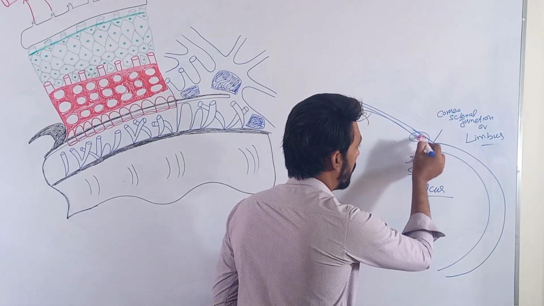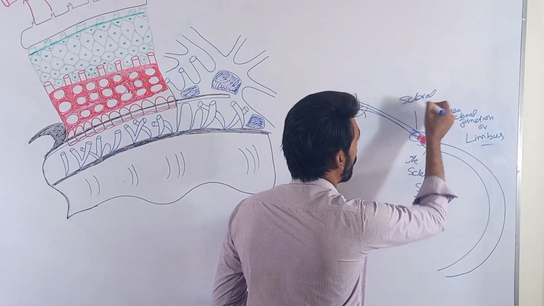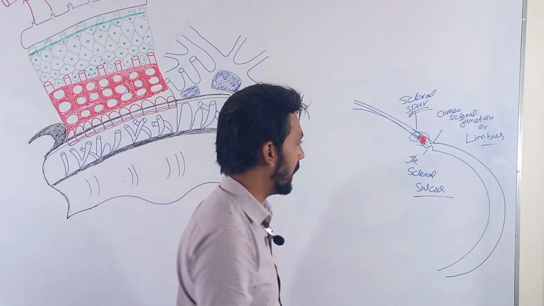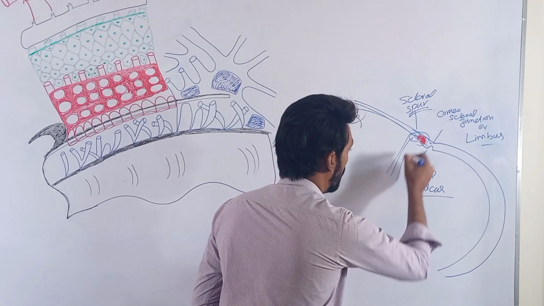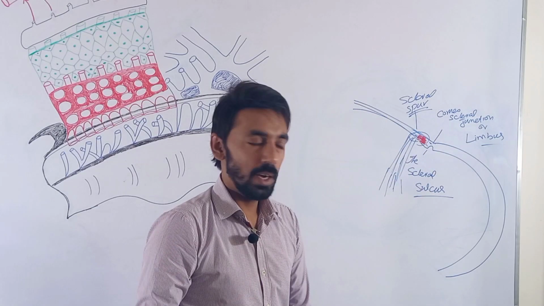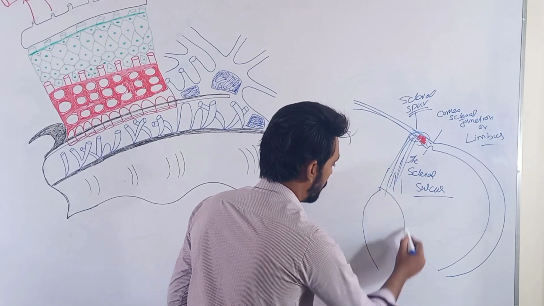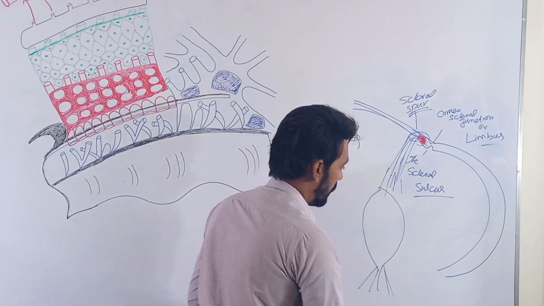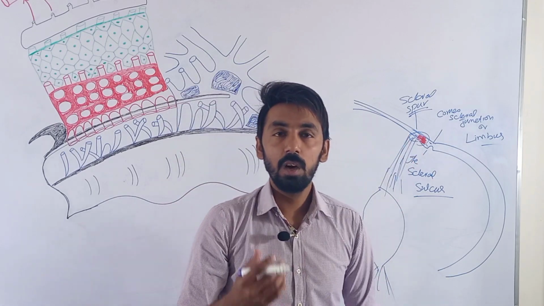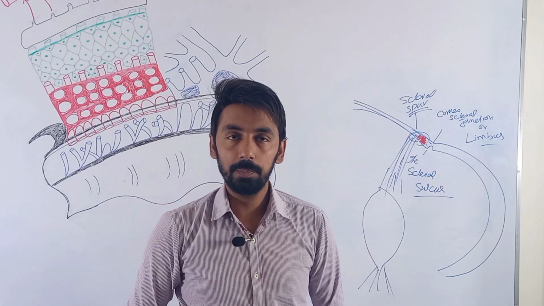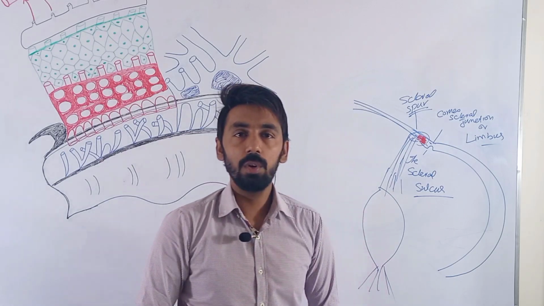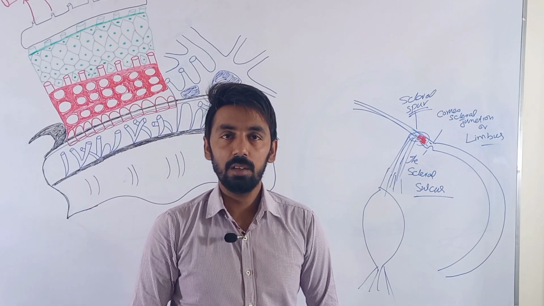So this scleral spur, which is actually the group of fibers, will give attachment to the longitudinal fibers of the ciliaris muscle, which are actually attached with the crystalline lens. And these longitudinal fibers are helpful in the outflow of the aqueous humor, right? So now we will discuss the different landmarks of the anterior chamber angle and anterior chamber.